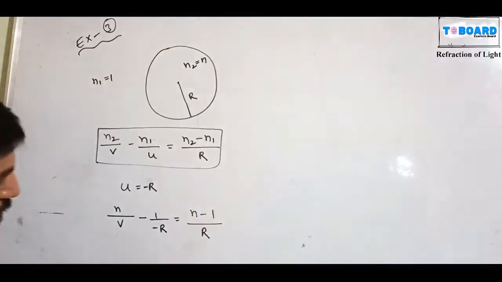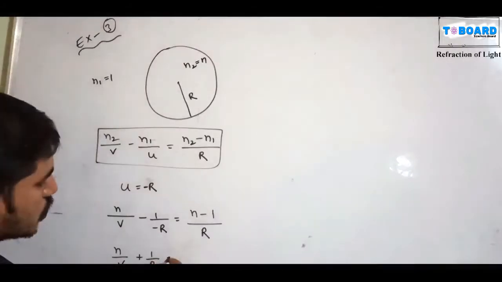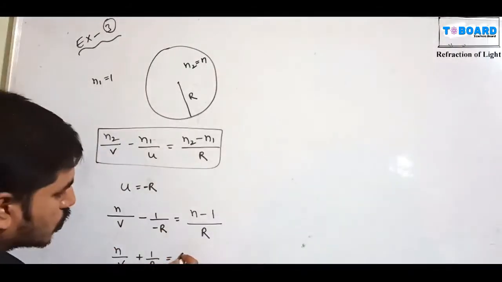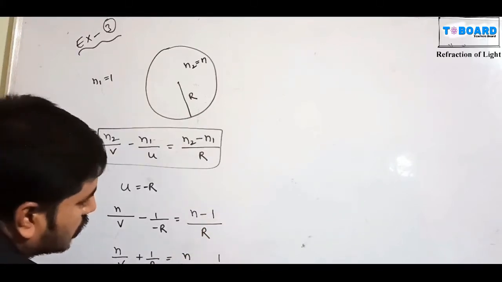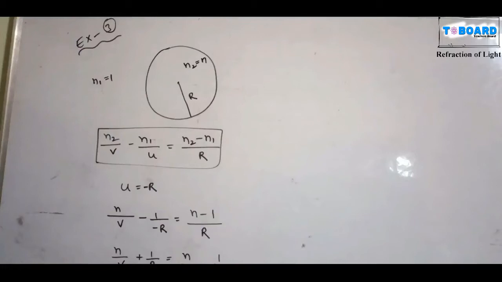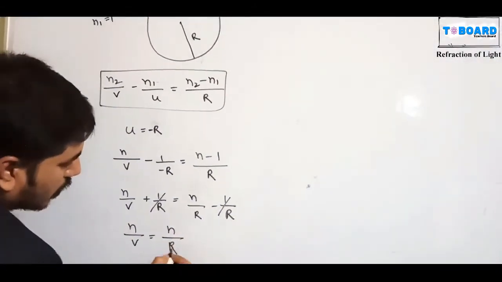So n by v plus 1 by r equals n by r minus 1 by r. Plus 1 by r and minus 1 by r get cancelled. So n by v equals n by r.